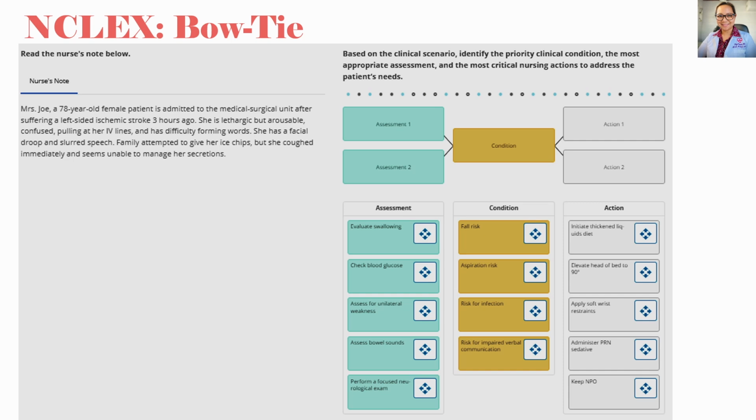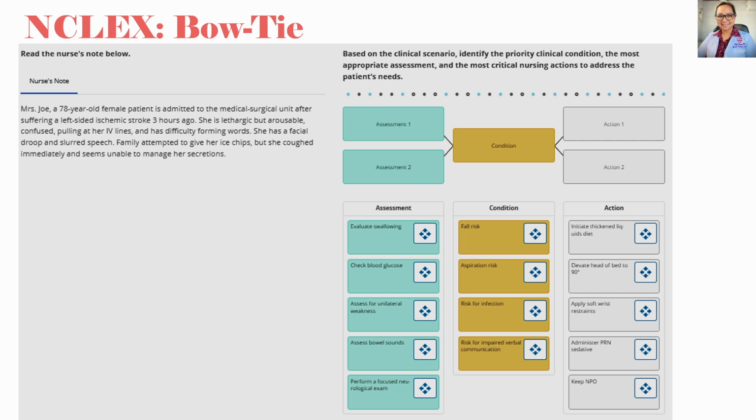Our options for the conditions are fall risk, aspiration risk, risk for infection, and risk for impaired verbal communication. Under assessment, we are going to either evaluate swallowing, check blood glucose, assess for unilateral weakness, assess for bowel sounds, or perform a focused neurological exam.